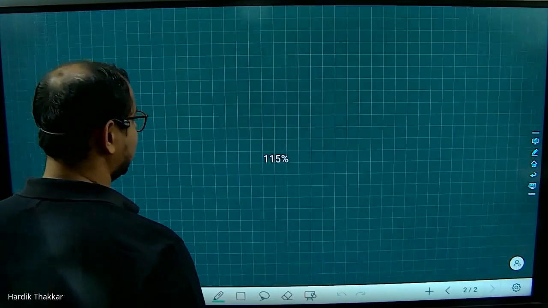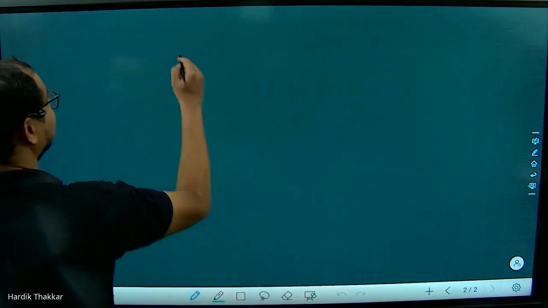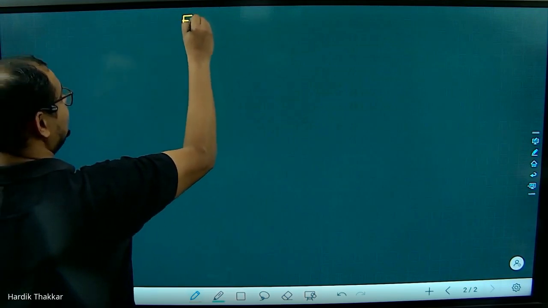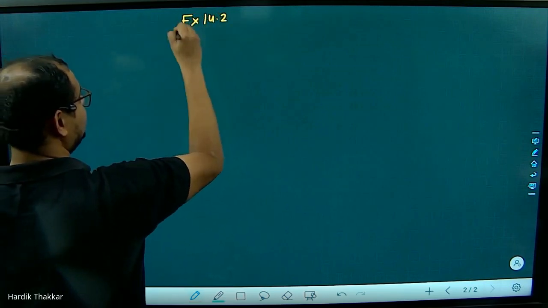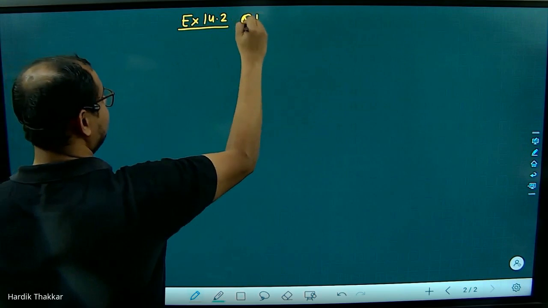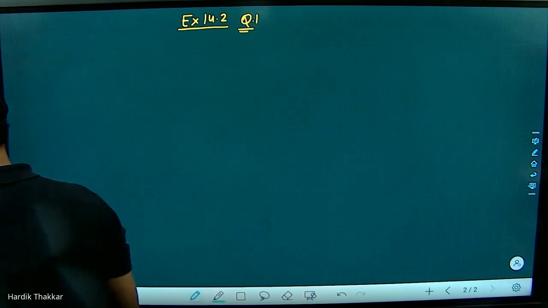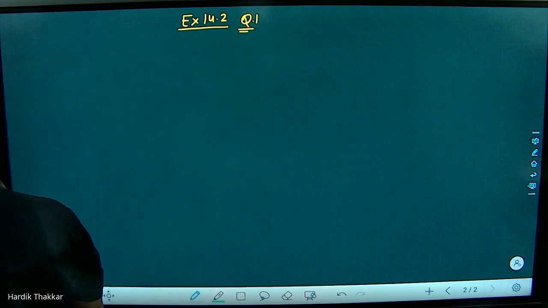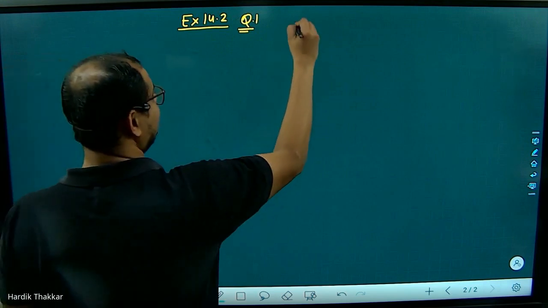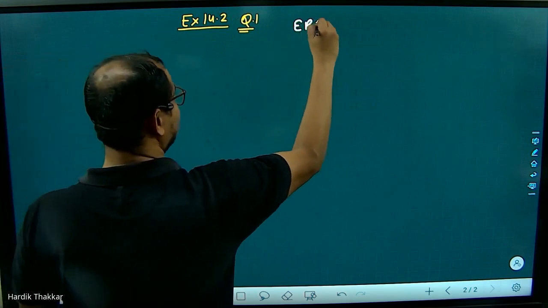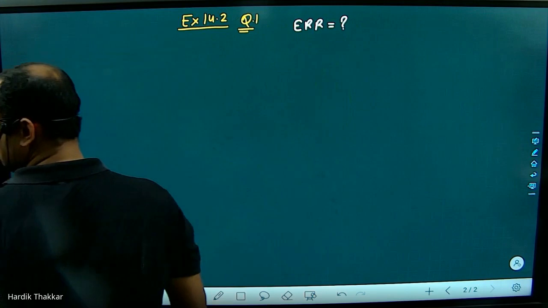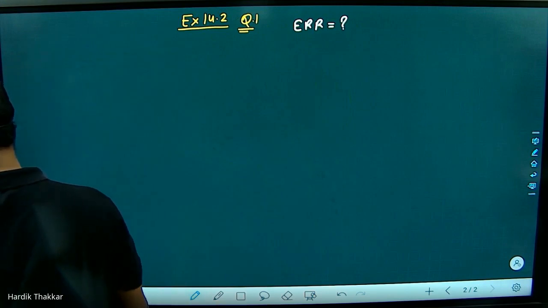Okay. So let's start with the question from exercise 14.2, question number 1. Question number 1 says find the effective rate of return. So you have to find ERR equals question mark, which is equivalent to stated rate of return.